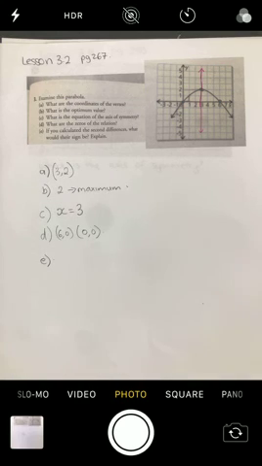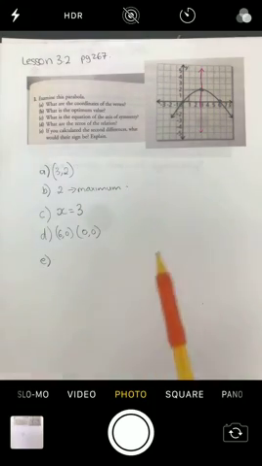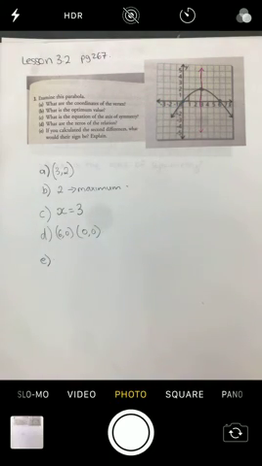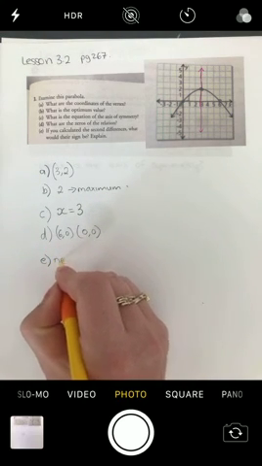If the sign of our second differences is negative, then our parabola opens down. Now we look at our graph here and say our parabola opens down. So that means that our sign would be negative.